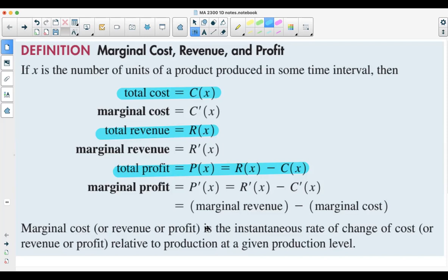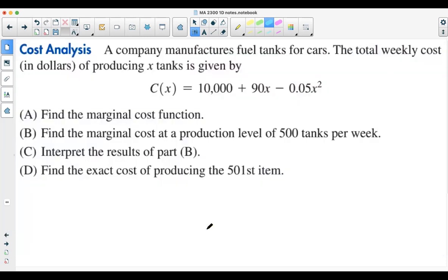So let's look at a couple of examples here. The first example: let us say a company manufactures a fuel tank for a car, and their weekly cost in dollars in producing X tanks is given by this one. So cost will be 10,000 plus 90X minus this much.